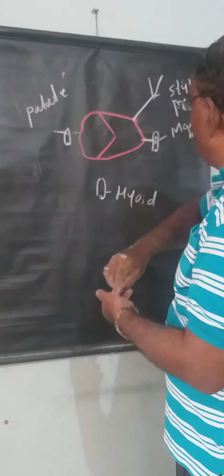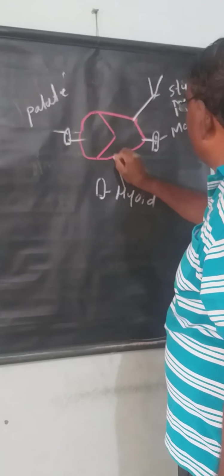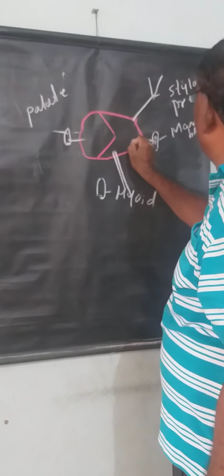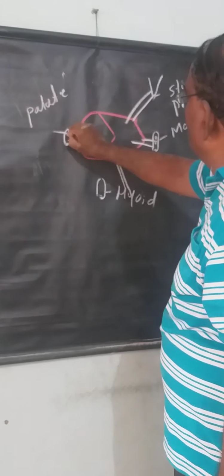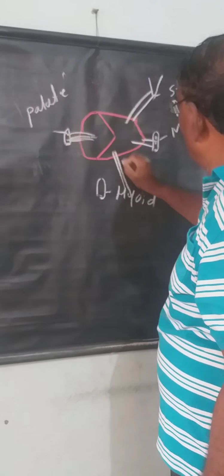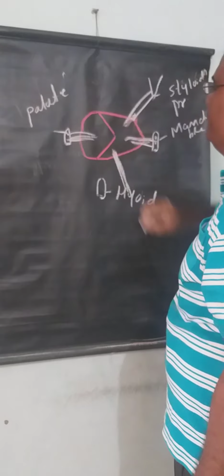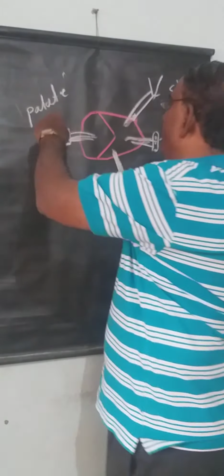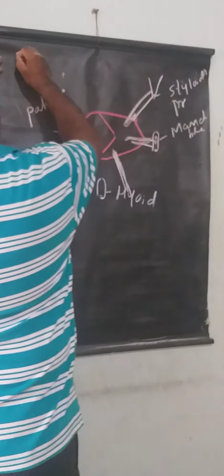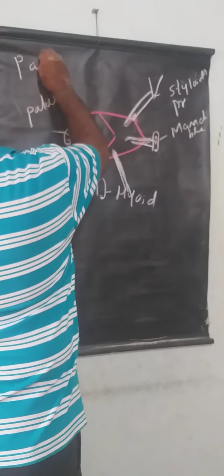Muscle from the soft palate, muscle from the hyoid bone. A simple diagram. From palate to tongue, palatoglossus.